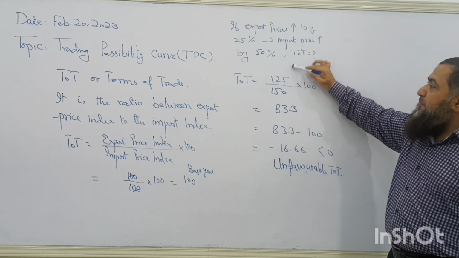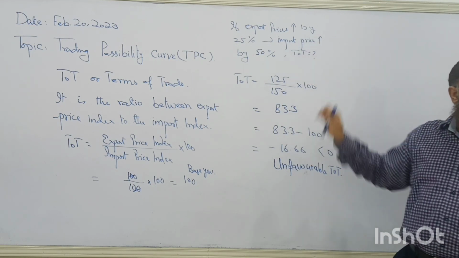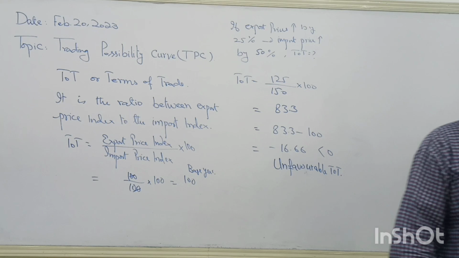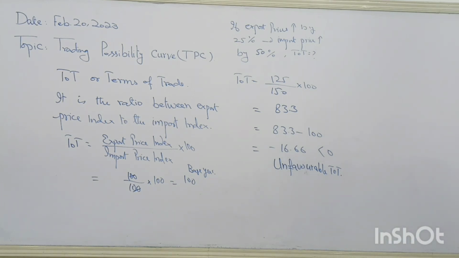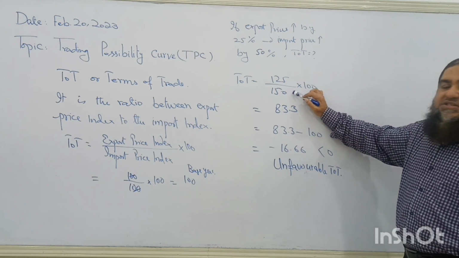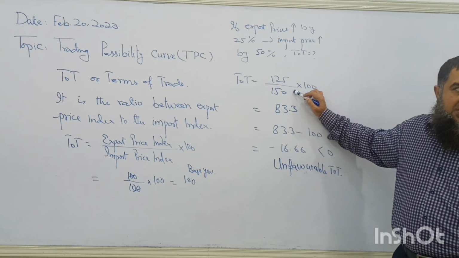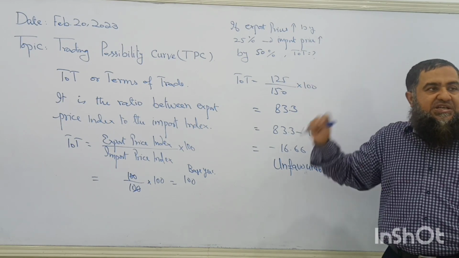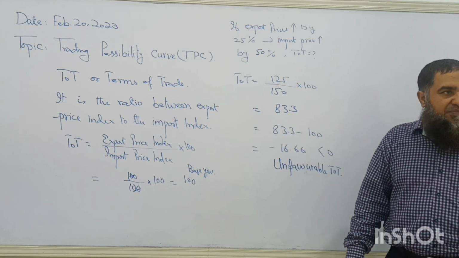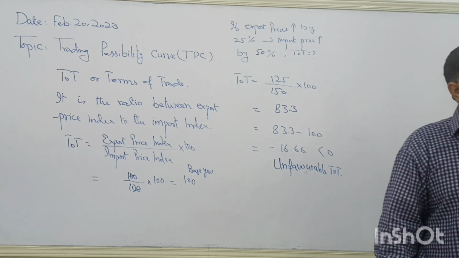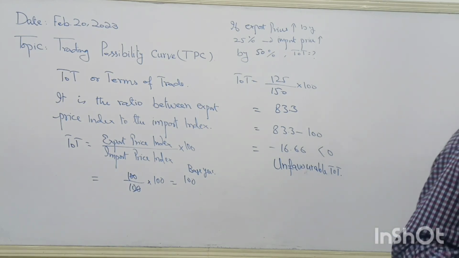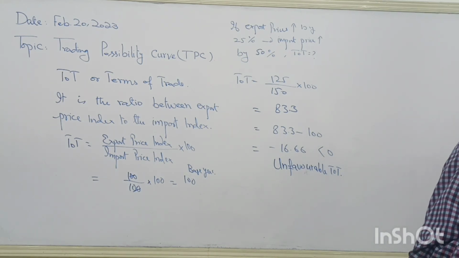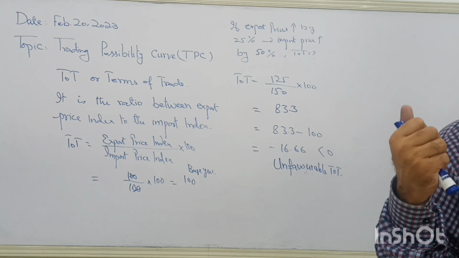If our export prices are growing faster than import prices, terms of trade will be favorable. Or if import prices do not change, but there is an increase in export prices, again terms of trade will be favorable. So in two cases we see it has improved.